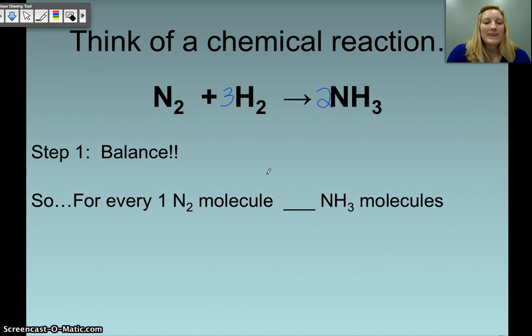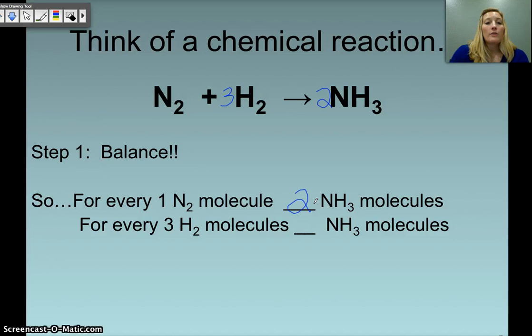If we look at what that reaction tells us, we know that for every 1 N2 molecule, because there's a 1 in front of it, we can make how many NH3 molecules? Well, for every 1 of these, we have 2 NH3 molecules. For every 3 H2 molecules that we put into this reaction, we can make 2 NH3 molecules.